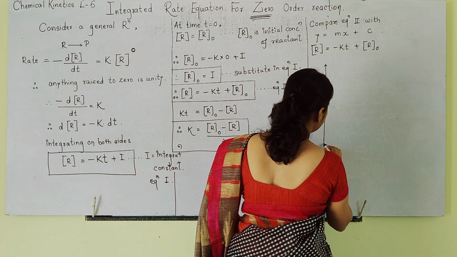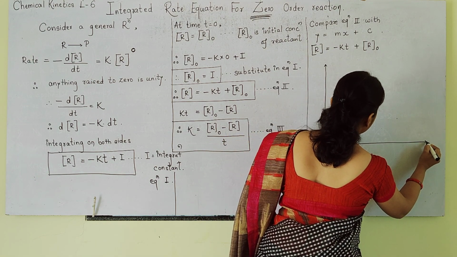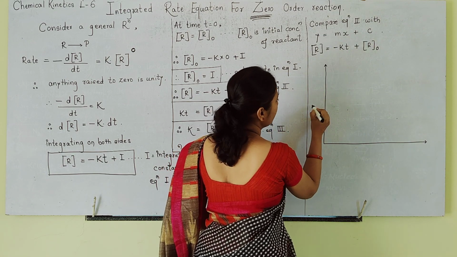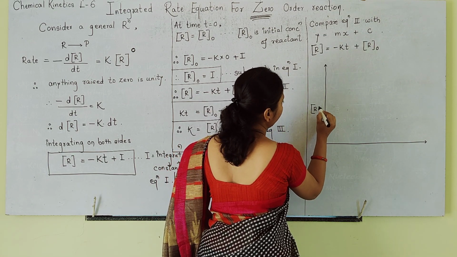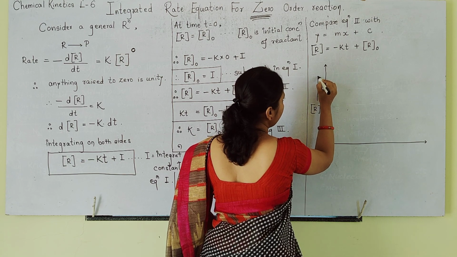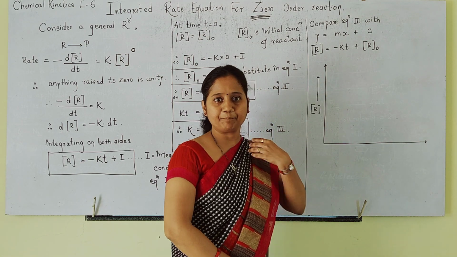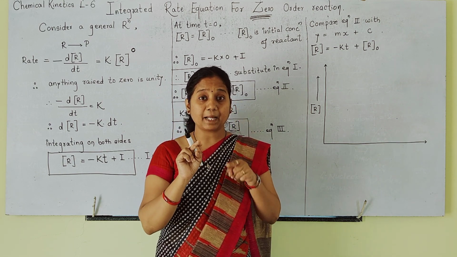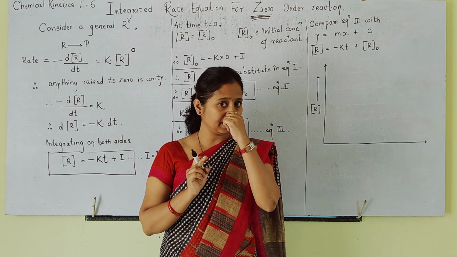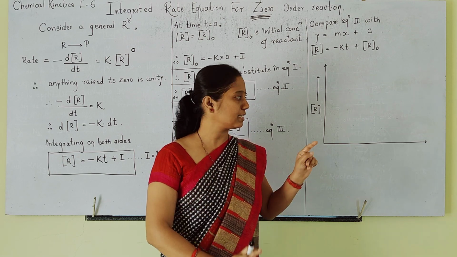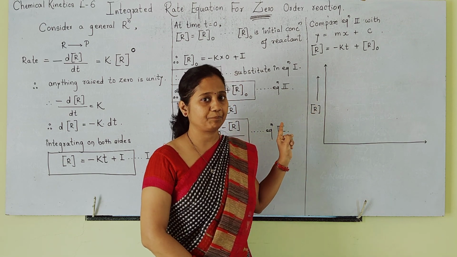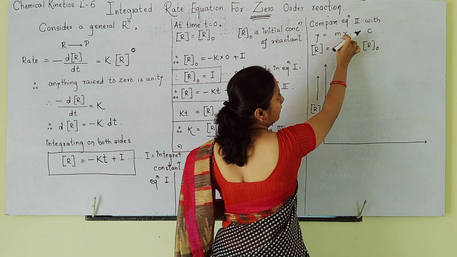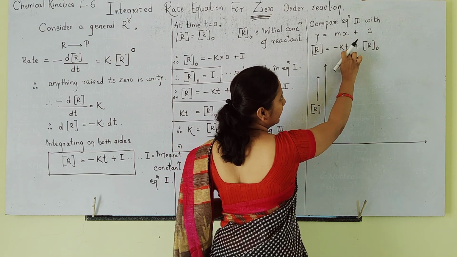Y-axis is concentration of R. Sometimes students write only R. No. Square bracket indicates concentration. Either put square bracket, otherwise in words write down concentration of R. What is x here, student? X is the variable quantity, that is time.